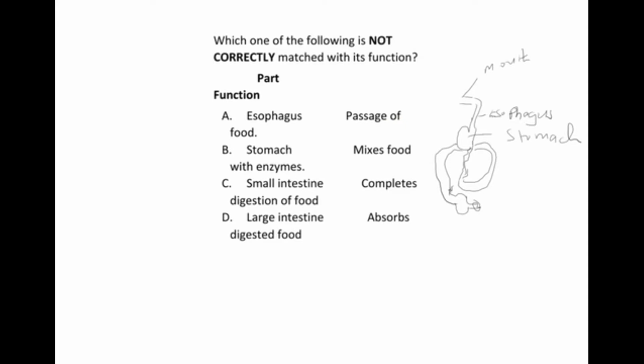Then we have the stomach. The stomach is the part that helps in the digestion of protein, and it mixes food with the digestive enzyme or juice called gastric juice, which is produced in the walls of the stomach.